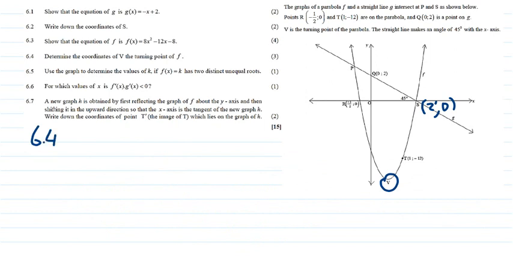So the x coordinate at V is just minus half plus 2 all over 2, which is the same as minus b over 2a. Exactly the same thing. So that's 1 and a half, that's 3 over 2 divided by 2. Looks like it's a third. No, it can't be. It's a half. It's a half.